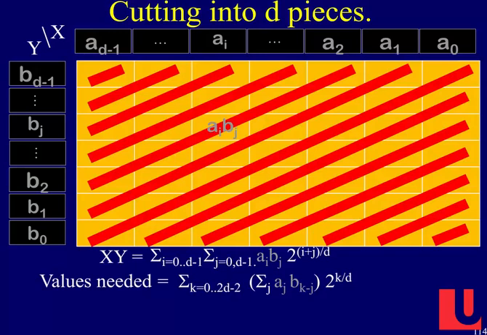So the Gaussian question now is, given these numbers and these numbers, how do I calculate the sum of the red bars? And how many red bars are there? Somehow we're going to do it where the number of multiplications is equal to the number of numbers that we need to produce, which in this case is 2d plus 1.